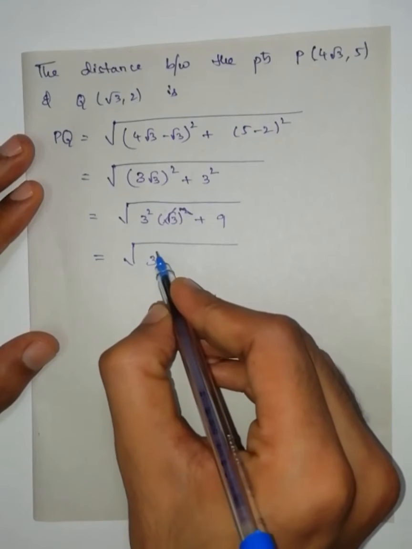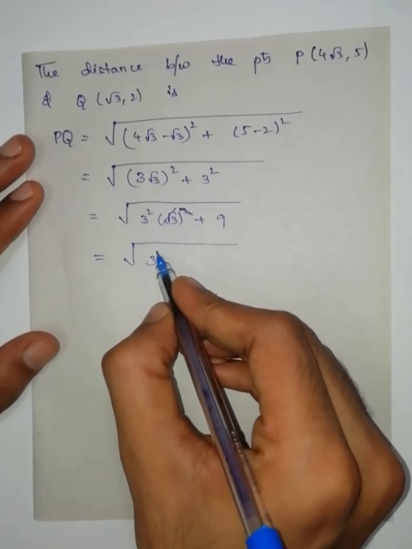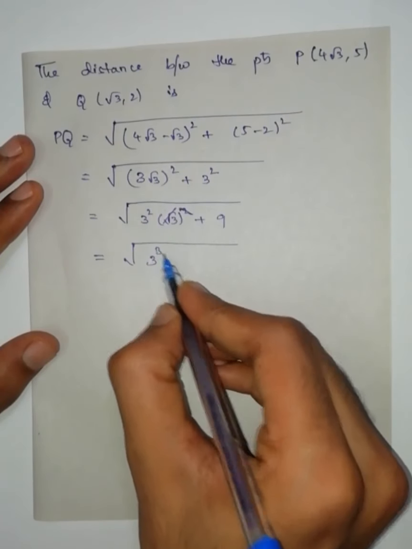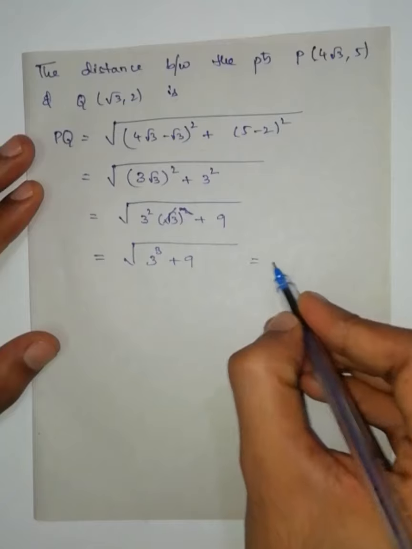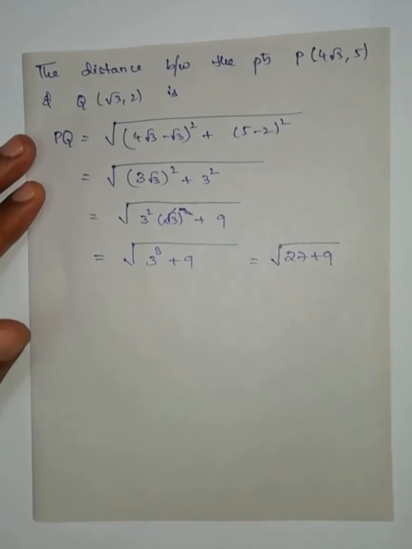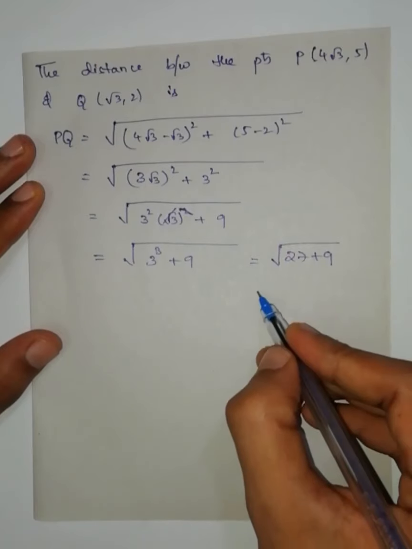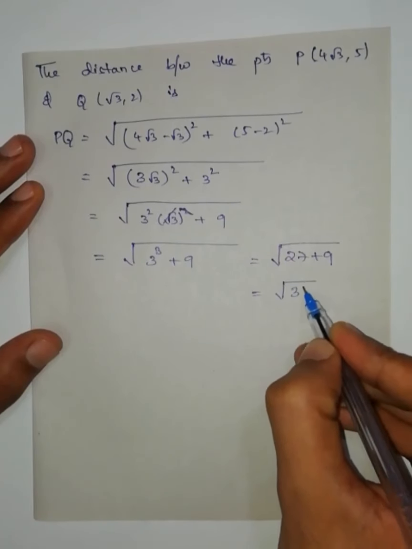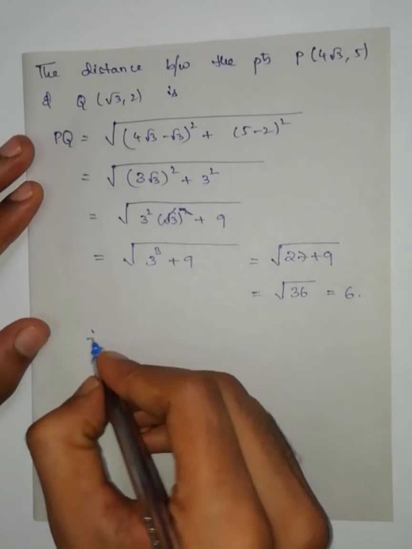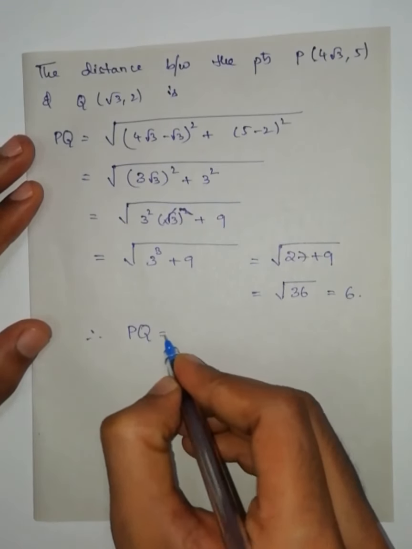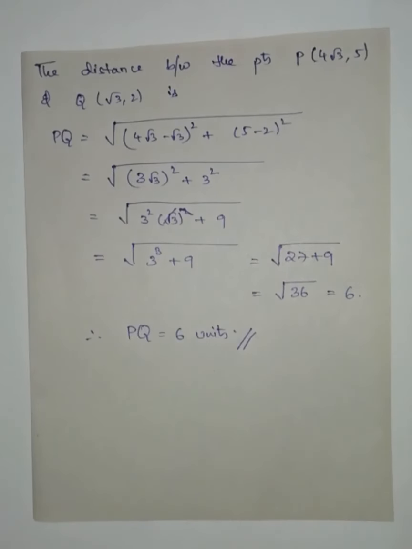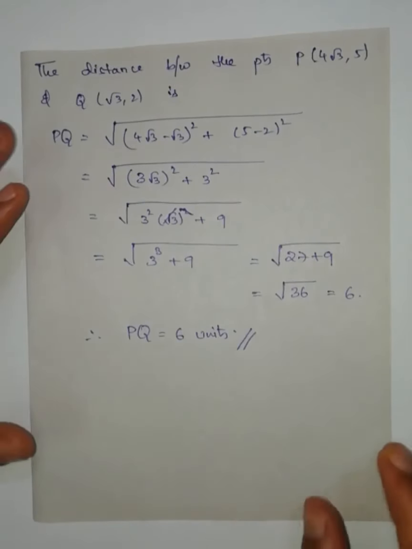We will get 3 cube plus 9, which is under root 27 plus 9, nothing but under root 36. Under root 36 is nothing but 6. Therefore, the distance PQ is equal to 6 units. This is the required answer.